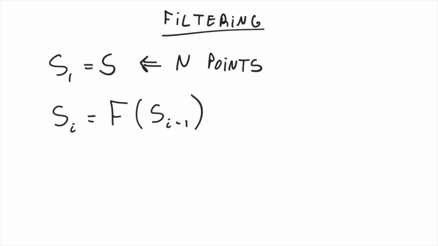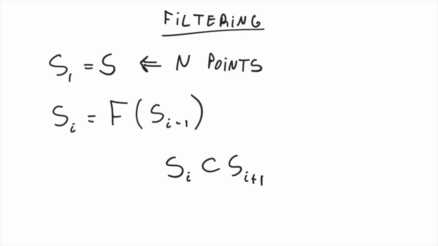So as we progress, we will create a sequence of sets of points, and the property that this sequence will have is that the set at step i will be contained in the set Si minus 1. And in fact, it will be strictly contained and not equal, so the number of points in each set is decreasing.